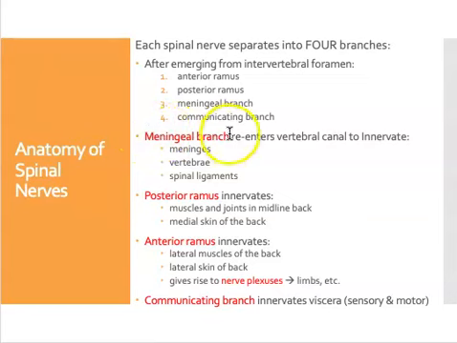The meningeal branch is going to essentially turn around and go right back to the vertebral canal, because the meningeal branch of each spinal nerve is going to innervate the meningeal layers. Remember, dura mater, arachnoid mater, pia mater.